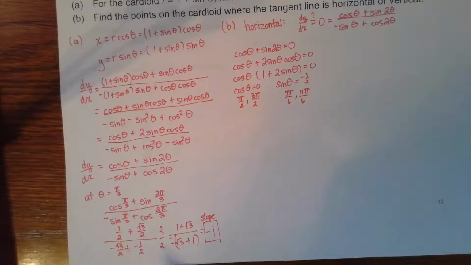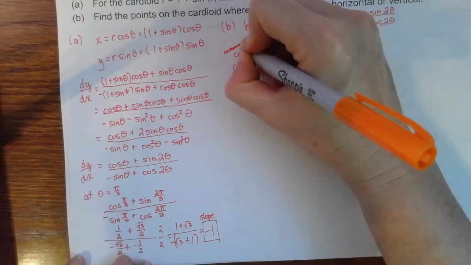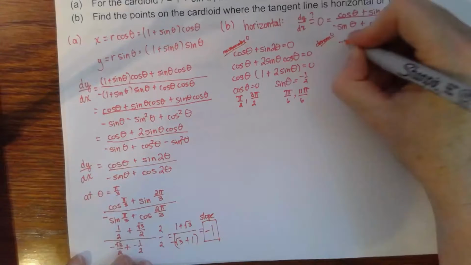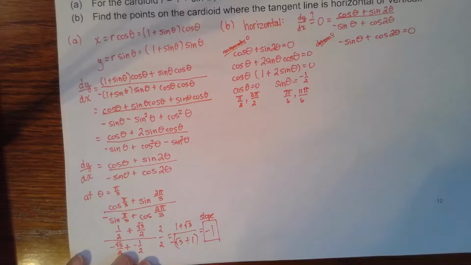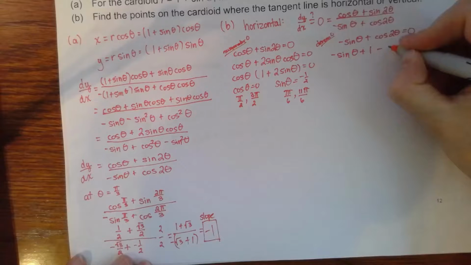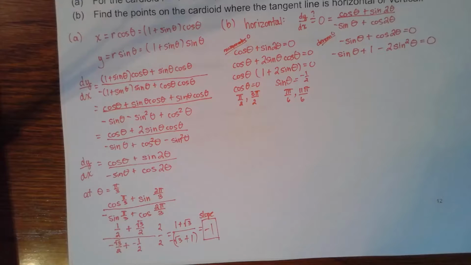Let's also look at where the denominator is 0. Let me label this for us. Numerator 0. Let's look at the denominator 0. Okay, so negative sine theta plus cosine 2 theta is 0. For this one, we probably want to substitute in 1 minus 2 sine squared of theta, because that puts everything in terms of sine, and we can factor that.